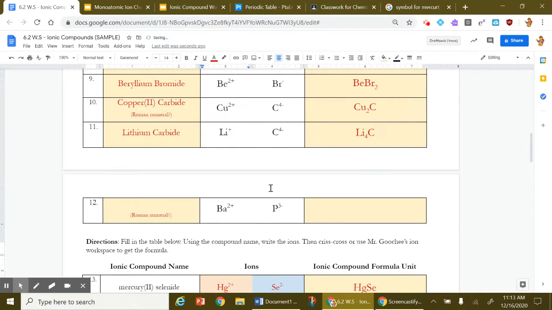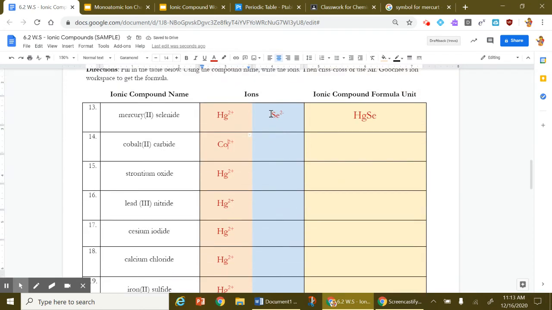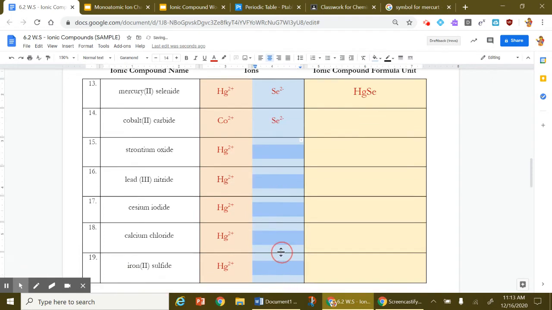Now, we've worked with carbide before, guys. Carbide is that C 4 minus. I can do the same thing over here. So what is the formula for cobalt 2 carbide?